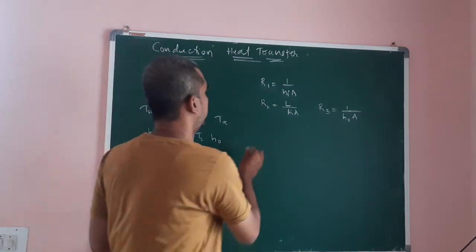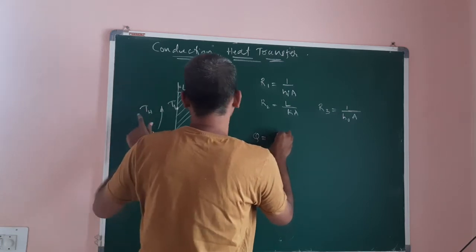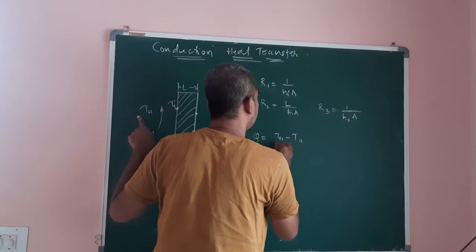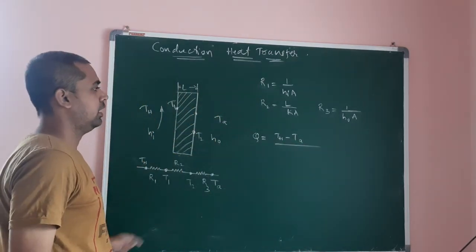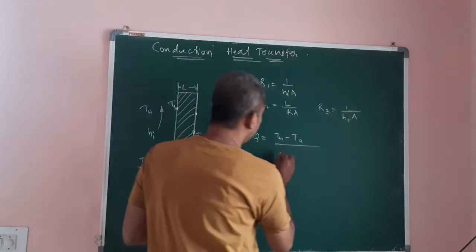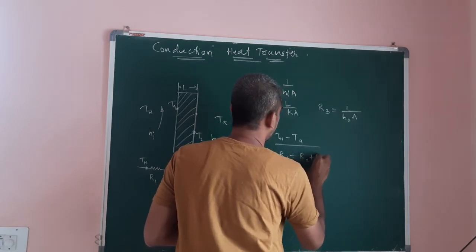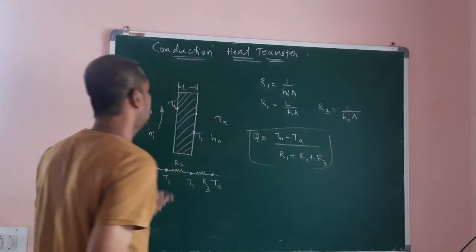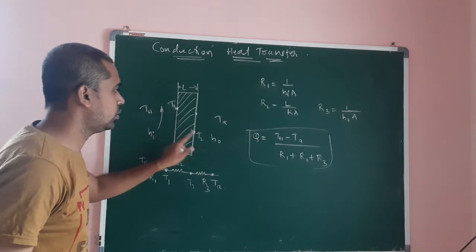Then the heat transfer is given by delta T, which is nothing but TH minus TA, divided by the thermal resistance in between TH and TA, that is R1 plus R2 plus R3. Suppose you want to calculate the heat transfer between T1 and T2.